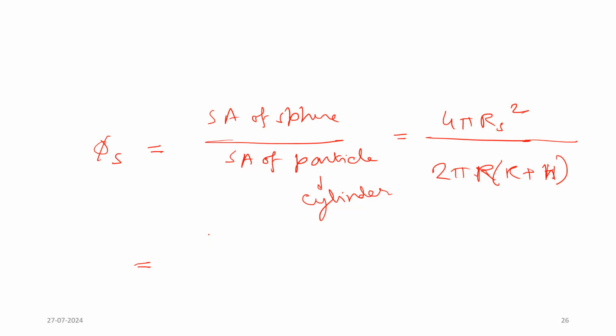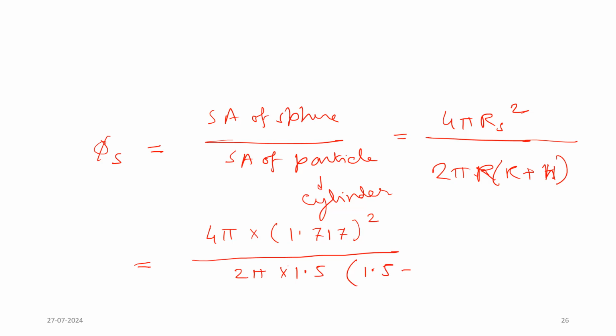Now we can easily calculate the surface areas as well as the sphericity. Just put the values: 4 pi times 1.717 whole square, and 2 pi times (1.5 plus 3), where 1.5 is r and 3 is the height of the cylinder.